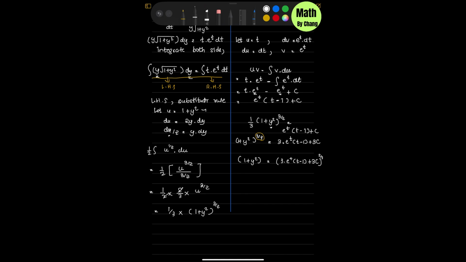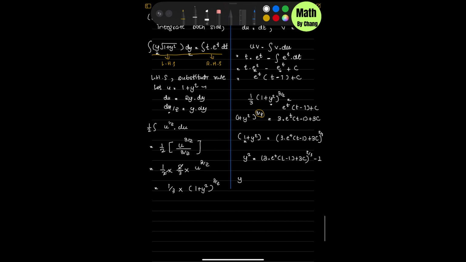Because we are multiplying with the power 2/3, it cancels out, so it will only be 1 here. Again, y² equals this, and the 1 is positive, so if we move it to that side it becomes negative: (3 e^t (t − 1) + 3c)^(2/3) − 1.